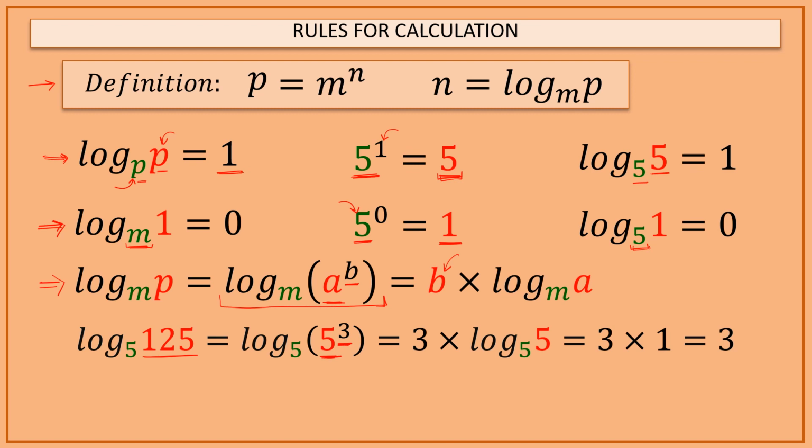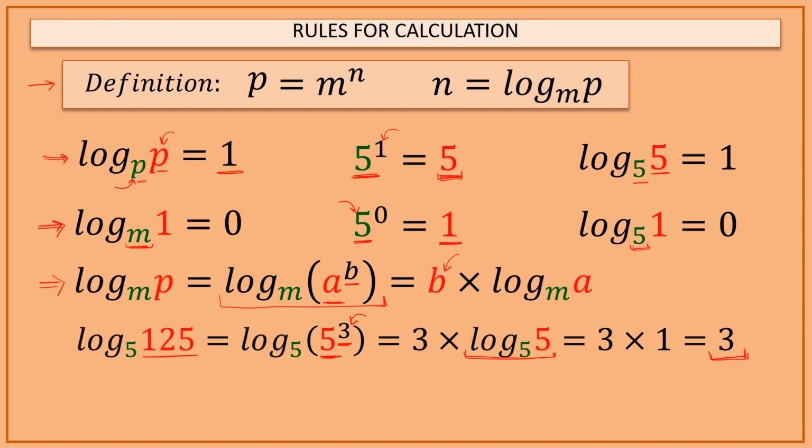As per rule number 3, the exponent 3 can be multiplied to logarithm of 5 to the base 5. As per rule number 1, logarithm of 5 to the base 5 is equal to 1, and hence the final result is 3.